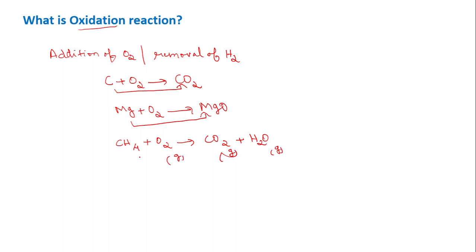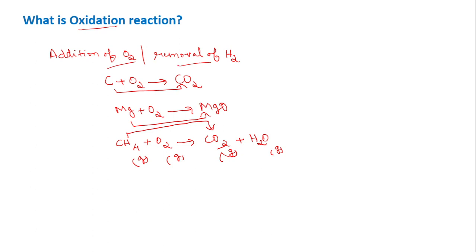This methane gas has been oxidized with the removal of hydrogen and addition of oxygen. So CH4 has changed to CO2 with the addition of oxygen and removal of hydrogen. So we can say that oxidation means addition of oxygen or removal of hydrogen.